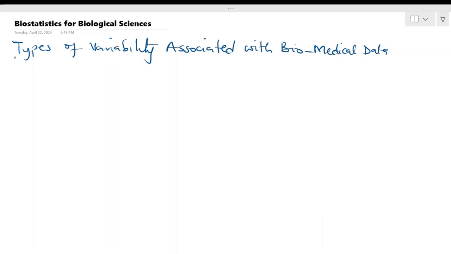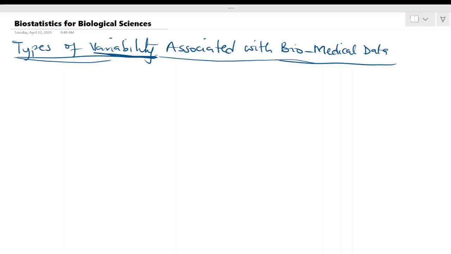The key word here is the types of variables or variability associated with this medical and biomedical data. Variability is always present in measurements and it is universal. No matter how many factors we control, we shall always find variables that are subject to large short-term fluctuations. So measurement of a variable requires statistical understanding.